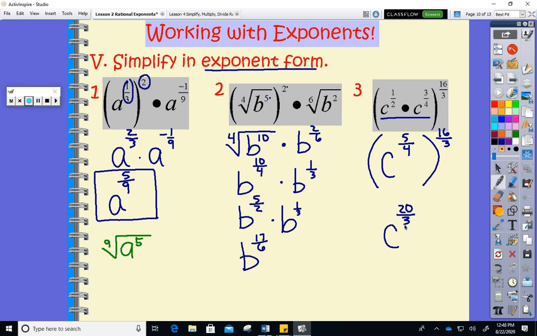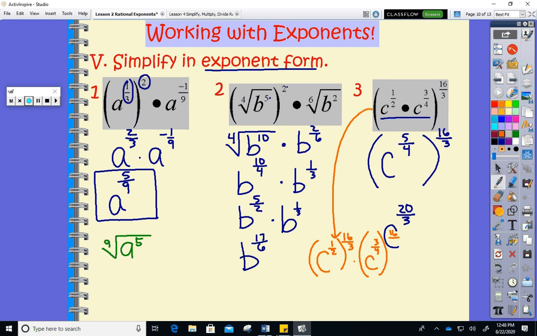Now, there is another way you can do it. And this might be more confusing, so if you're afraid that me showing you an alternate way is going to make things worse for you, maybe fast forward the video by 30 seconds. So I can break this problem up from the get-go into c to the 1/2 power, all to the 16/3, times c to the 3/4 power, all to the 16/3.